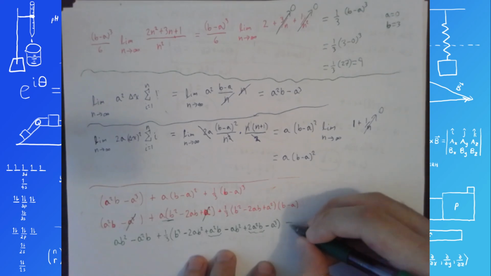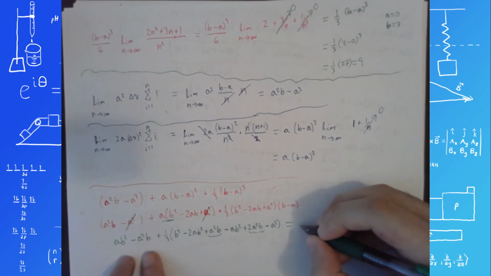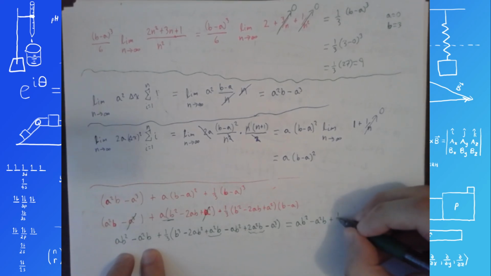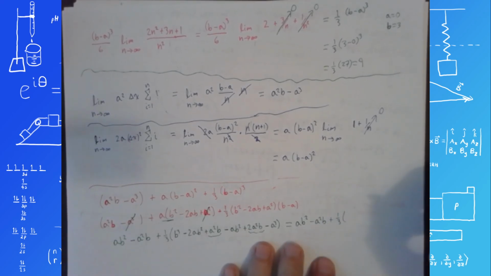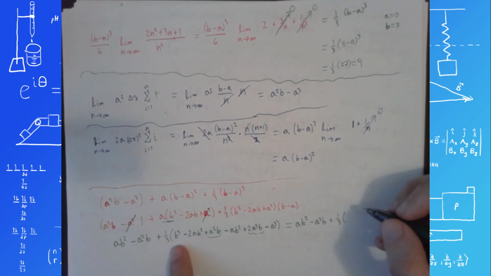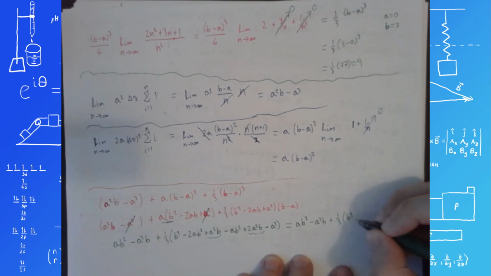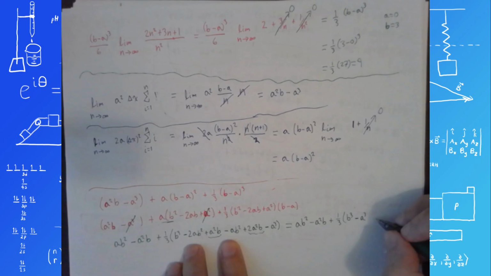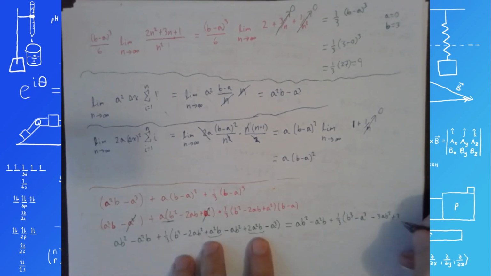So I've got, copy those over, ab squared minus a squared b plus 1/3. I've got the b cubed, and I'm going to go ahead and write the minus a cubed. And then for these in-between terms, I've got minus 3ab squared and plus 3a squared b.